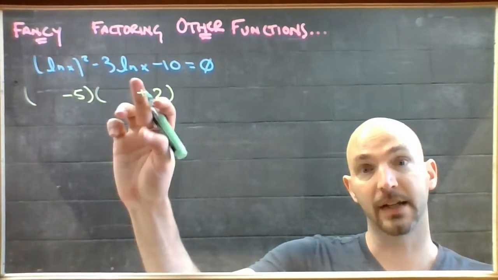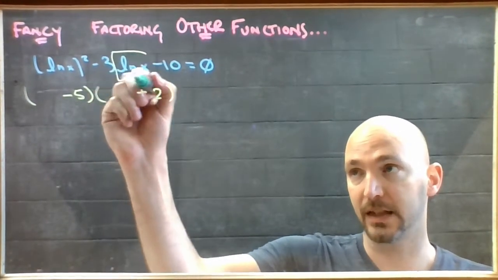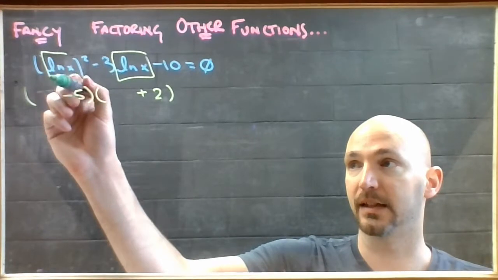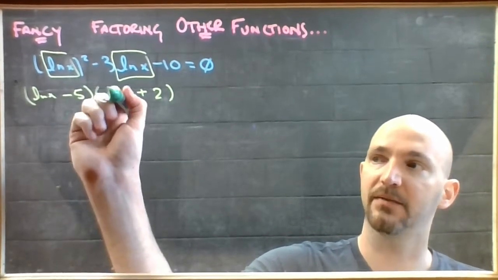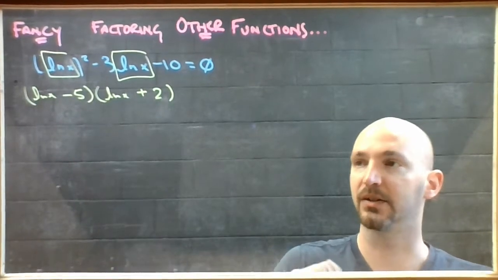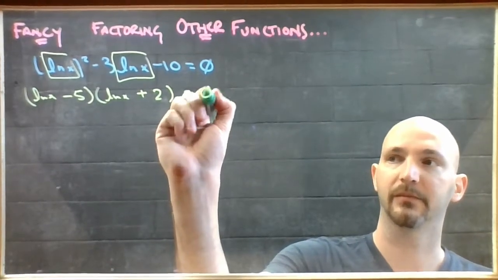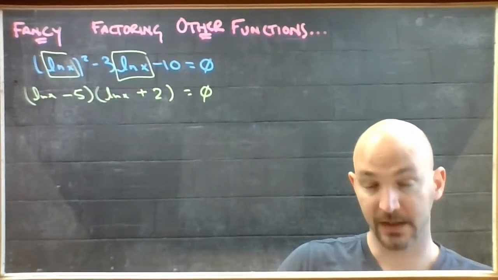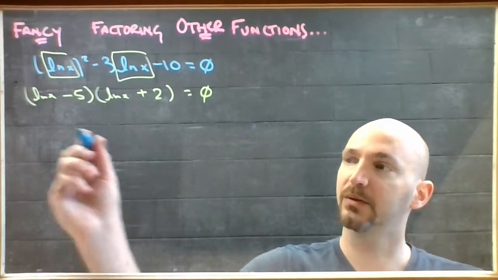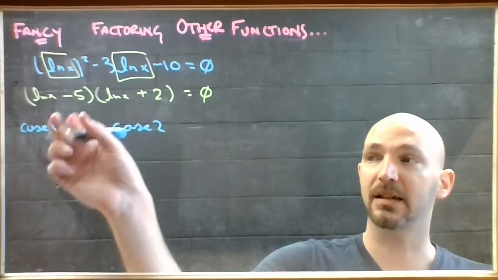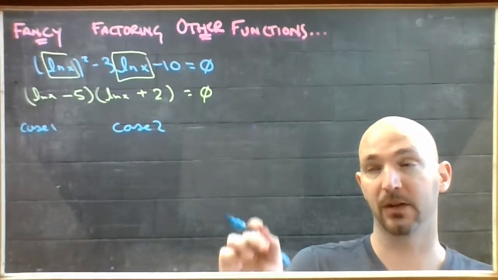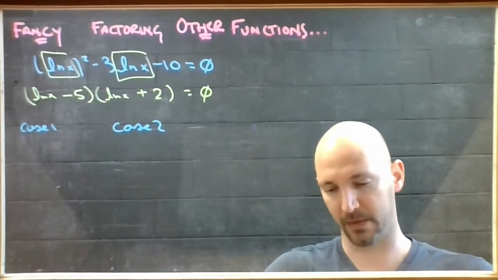And because ln x is the thing here, the thing that's there and then there again squared, this is going to be ln x subtract 5 and ln x plus 2 equaling 0. So I've created two cases there, case 1 and case 2. Because anytime you have a thing multiplied by a thing equaling 0, you can separate them out.